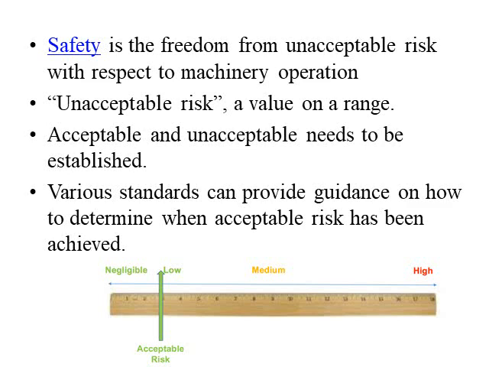For that reason, various standards can provide guidance on how to determine when acceptable risk has been achieved. As shown in the sketch here, whatever the acceptable and unacceptable risks are, the range can be written over a scale. So it can be low, medium or high. That's what we first have to decide: what are acceptable and unacceptable risks.